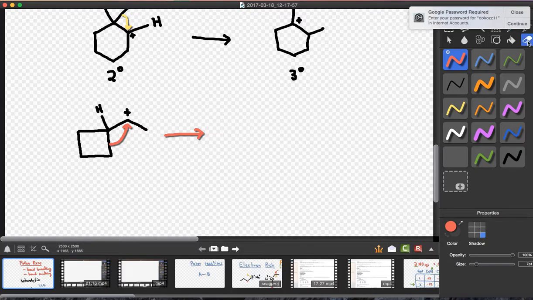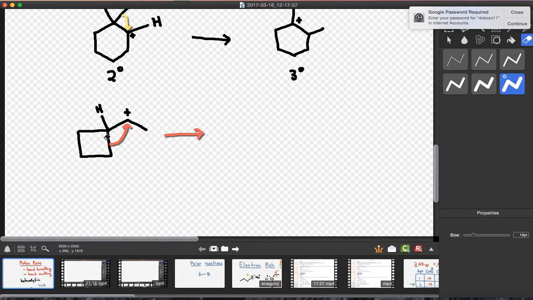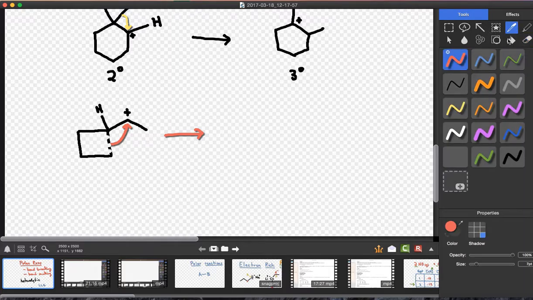And so in this alkyl shift, this carbon-carbon bond is broken, and the electrons make a new carbon-carbon bond, which leaves us with a 5-membered ring.